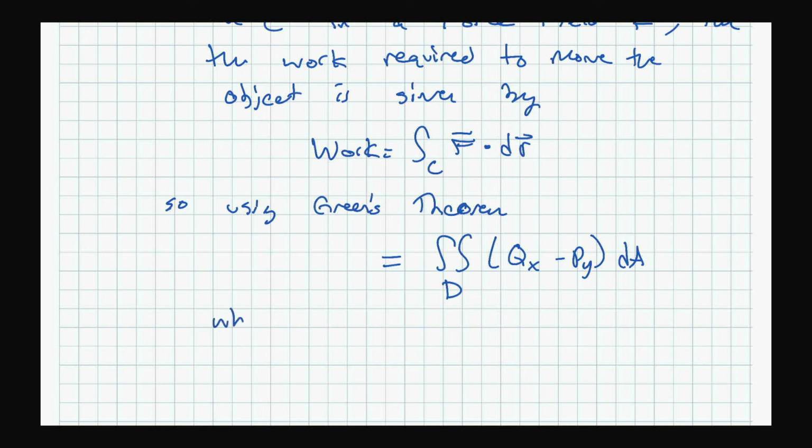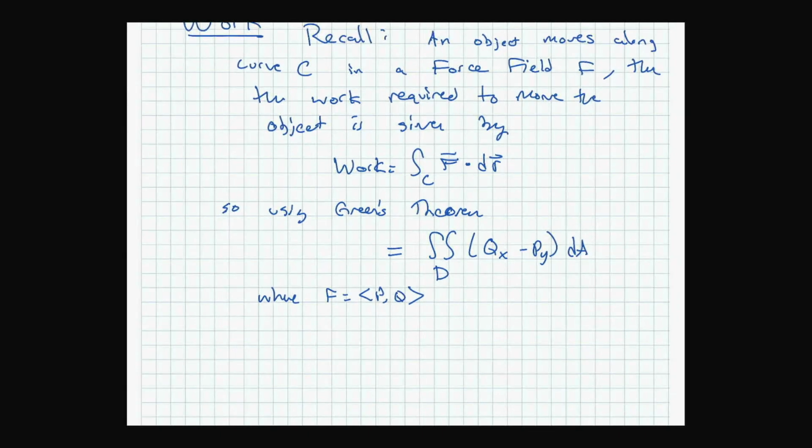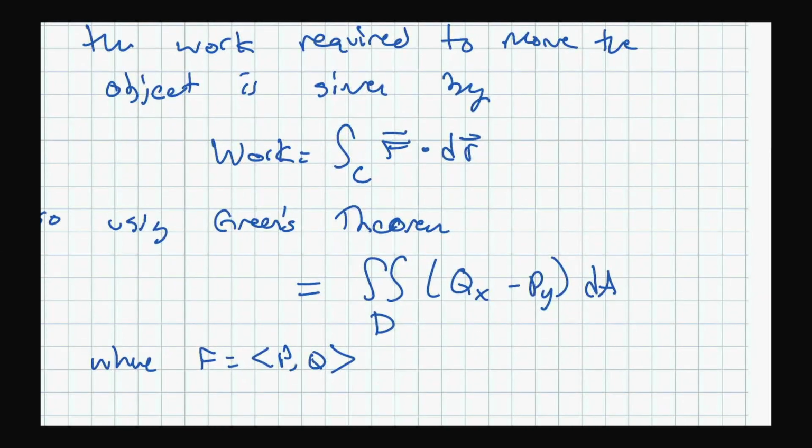Where F is P comma Q, etc. So there's not really anything to do there. It's just reminding you that you can do a line integral to calculate work. So if you have a problem involving work, you can use Green's theorem on it, just like you could for any line integral. And it's a circulation type, not flux type.